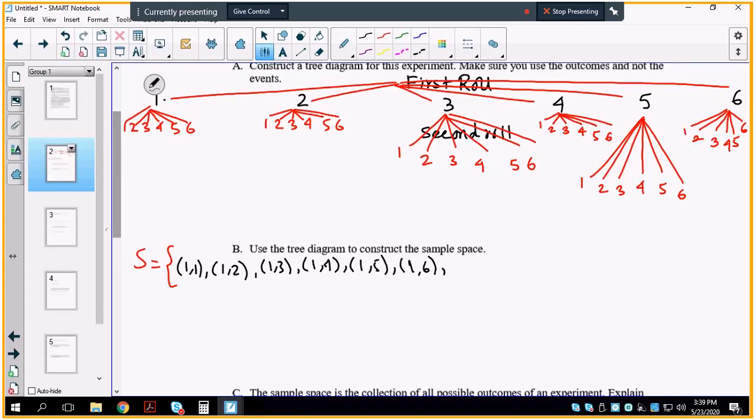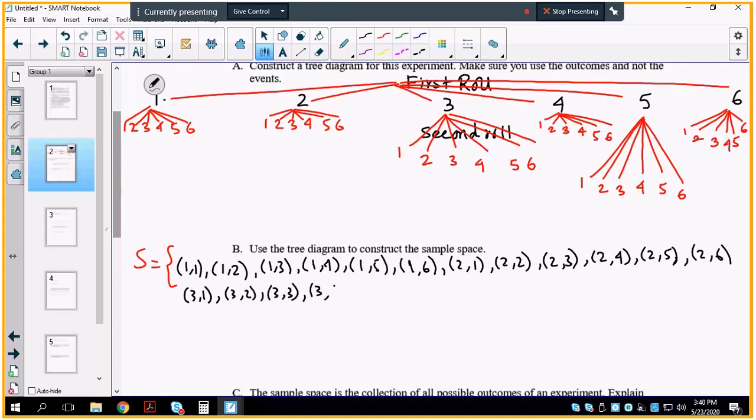Similarly for 2, I get (2,1), (2,2), (2,3), (2,4), (2,5), and (2,6). And we will keep doing it for 3 and 4. So the next one is (3,1), (3,2), (3,3), (3,4), (3,5), (3,6), (4,1), (4,2), (4,3), (4,4), (4,5), and (4,6).